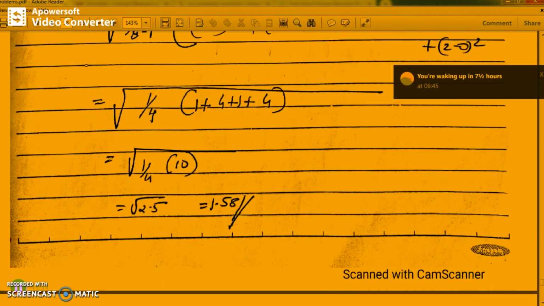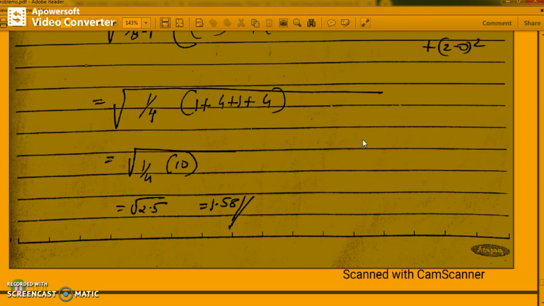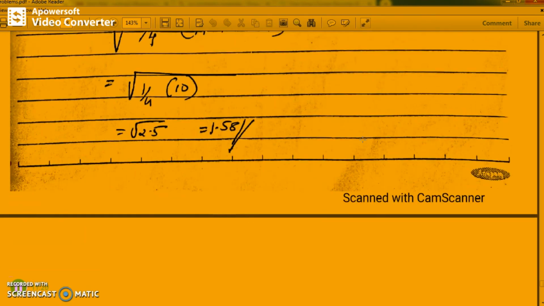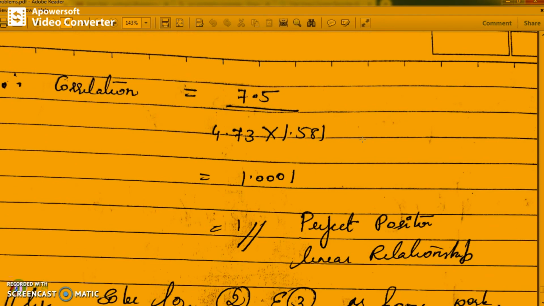All these values you have calculated, you just substitute in the final formula: 7.5 was the covariance, divided by standard deviation of x 4.73 into standard deviation of y 1.58. So the final answer you get is 1.